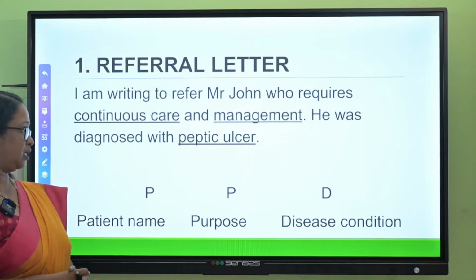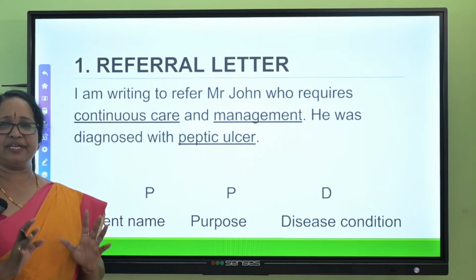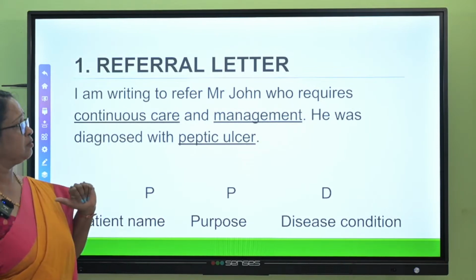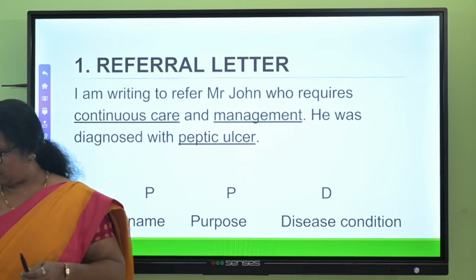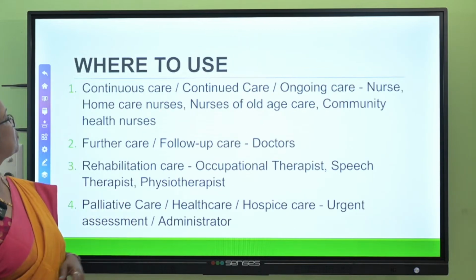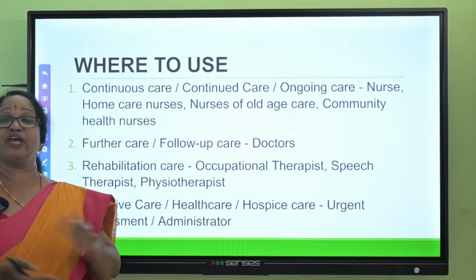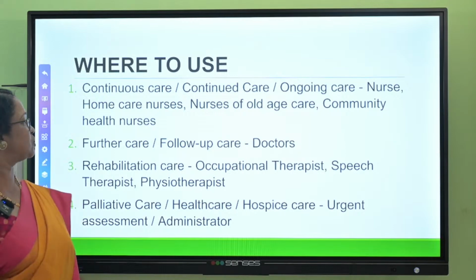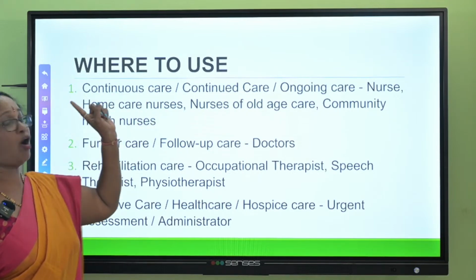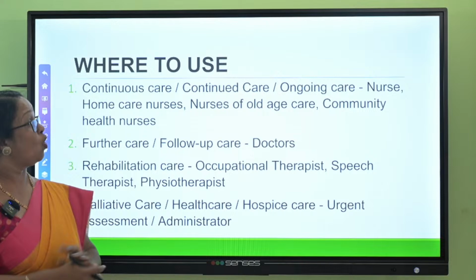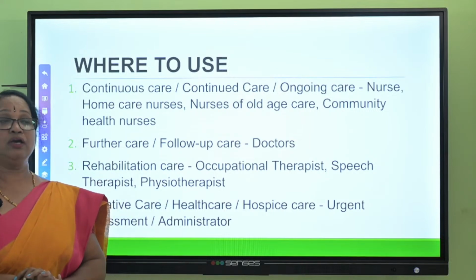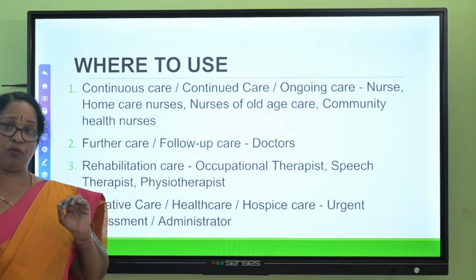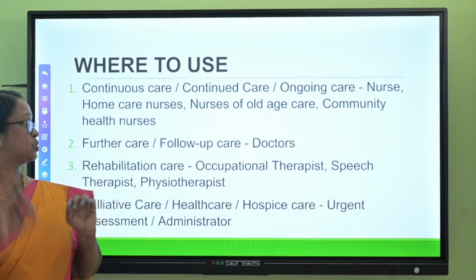I think some of you have an idea how to write this referral letter. But the main doubt is how to write continuous care, and where to use it. Should I write continuous care, continued care, or ongoing care? When you are writing a letter, first of all think about where to use which.